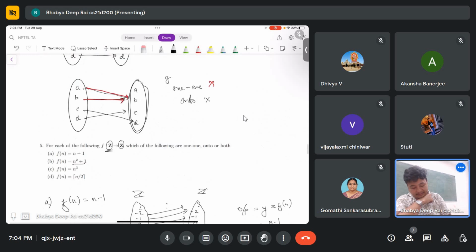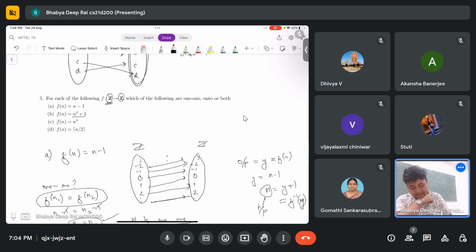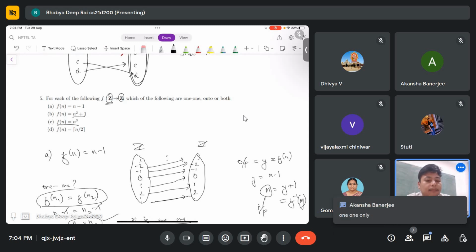Okay, we'll leave out D. Can you quickly tell me f of n equals n cube? Is this 1 1 or onto or both? D we might have to leave out due to lack of time. Akanksha says 1 1 only. Okay, Divya says both.